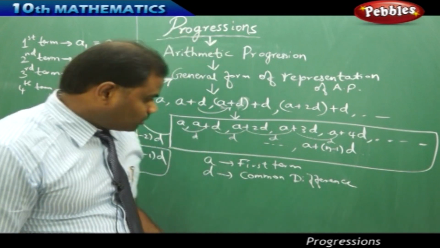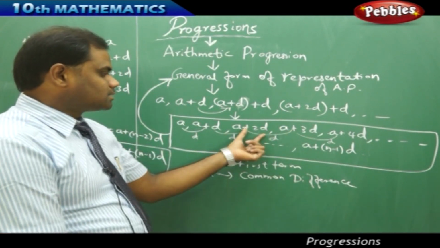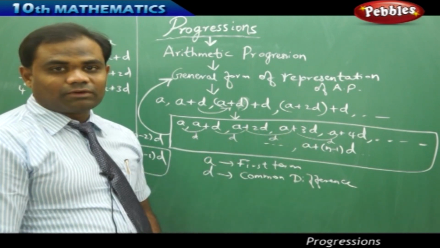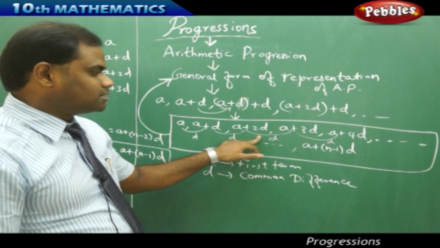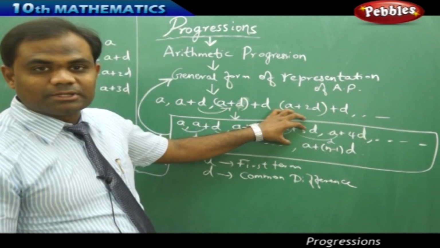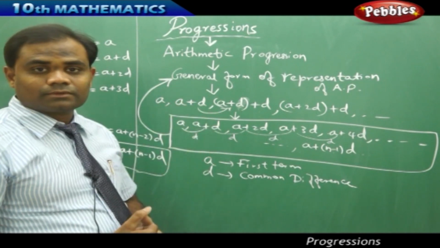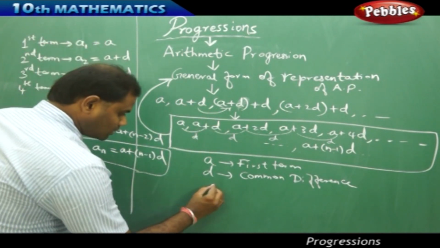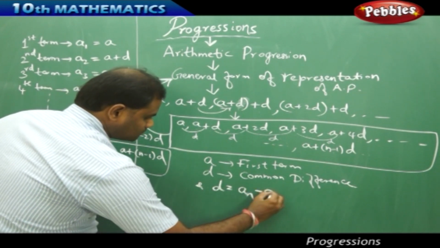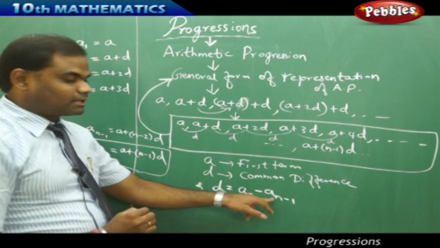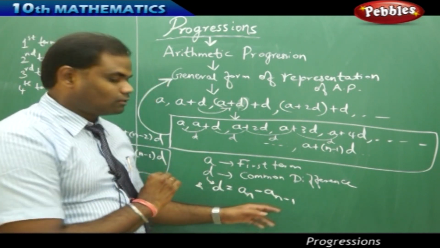Now here, the common difference d is generally the difference of the term minus its previous term, because if I wanted to get d, a plus 3d minus a plus 2d gives me d, and this minus this gives me d, or this minus this gives me d, which makes me understand that the common difference d is given by the formula nth term minus its previous term, that is an minus a n minus 1, is how we identify the formula of d.